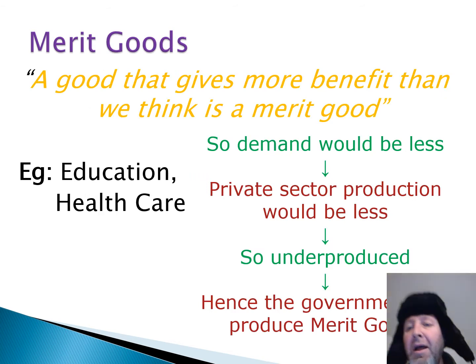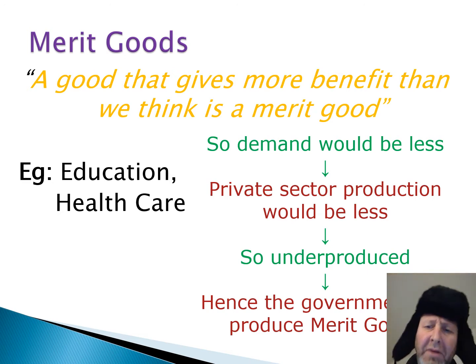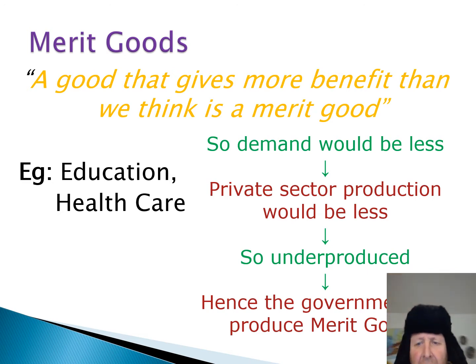Well, we've met the idea of merit goods before. It is a little bit of market failure if you think back to microeconomics. Now, the thing about a merit good is that it's a good that gives more benefit than we think. So generally the demand is less. Things like education, healthcare. The private sector production would be less.